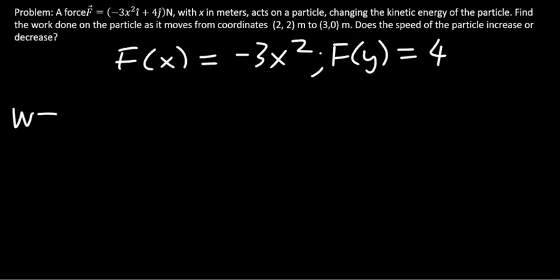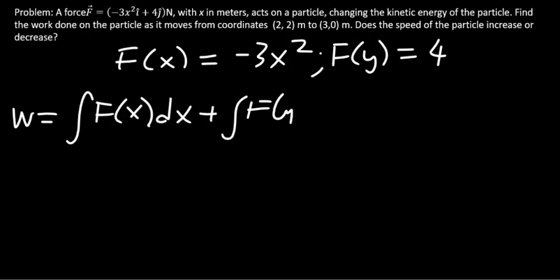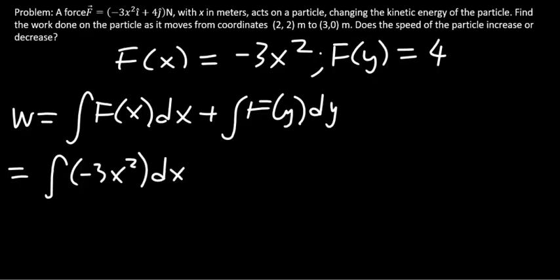To calculate work, as we have seen before, it reduces into two integrals as follows. Fx is minus 3x squared dx, plus Fy is 4 dy. Now let's look at the limits. The x coordinate is going from 2 to 3.